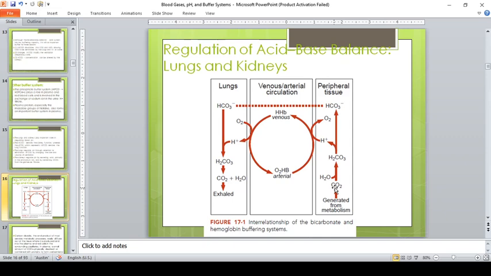Okay, so most of the carbon dioxide combines with water to form the carbonic acid. Okay, and then the carbonic acid quickly dissociates into hydrogen ion and into the bicarbonate.